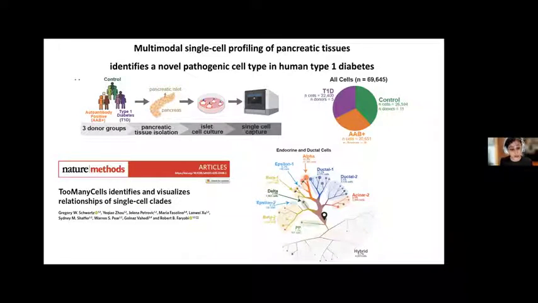So for cellular clustering, we use a computational technique that was developed in Babak Faryabi's lab called Too Many Cells, which not only clusters cells, but is also really powerful in visualizing cells that are clustered together in terms of their similarities of transcriptional profile, so you can immediately see the cellular relationship.